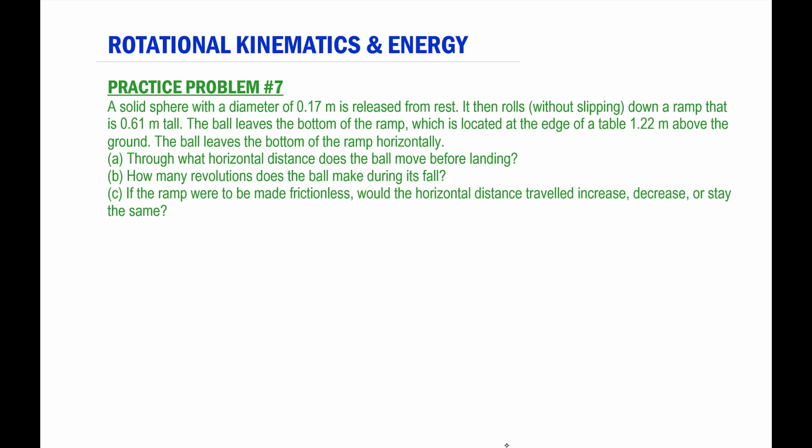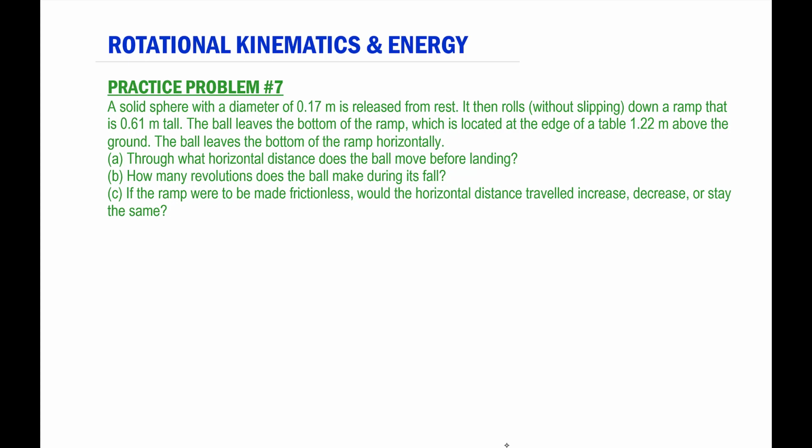But after it's released from the ramp, we can use conservation of energy to determine the horizontal launch speed of the ball at the bottom of the ramp. And then we can use linear kinematics to solve for the horizontal distance traveled, especially because the ball leaves the bottom of the ramp horizontally.